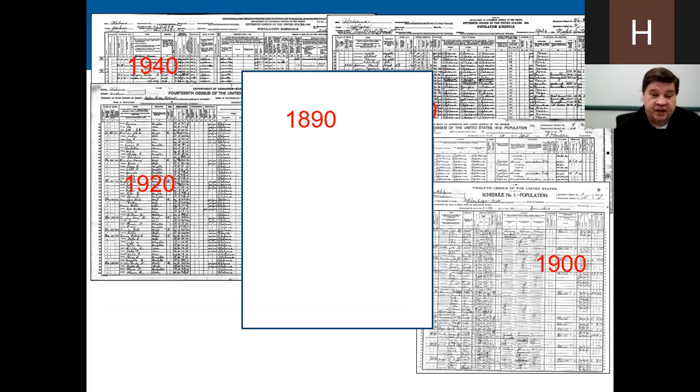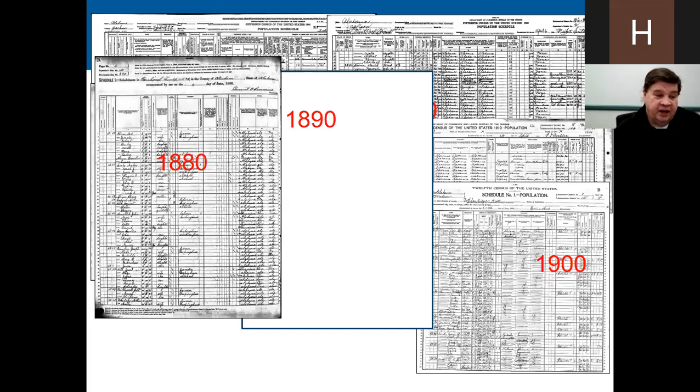Then we had 1890, which is a lost census. It was in the Commerce Building in Washington, D.C. It caught on fire, and the census was destroyed when they put the fire out, and the water turned it into a mess of pulp.